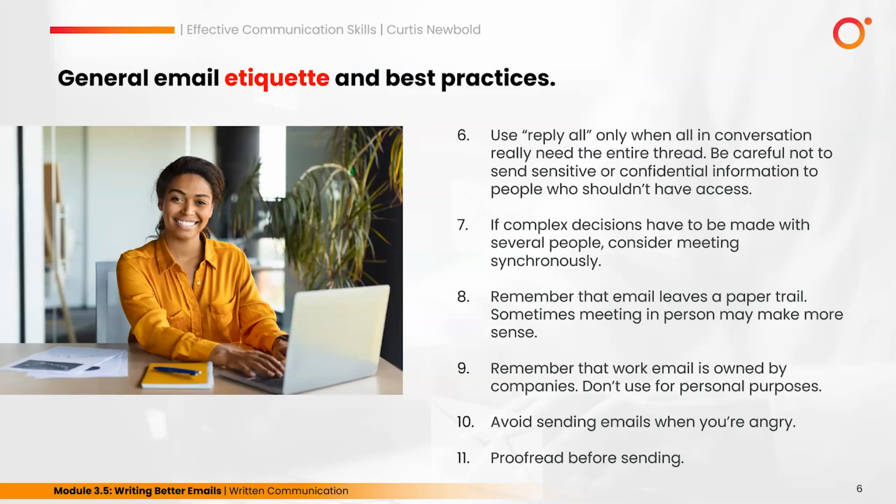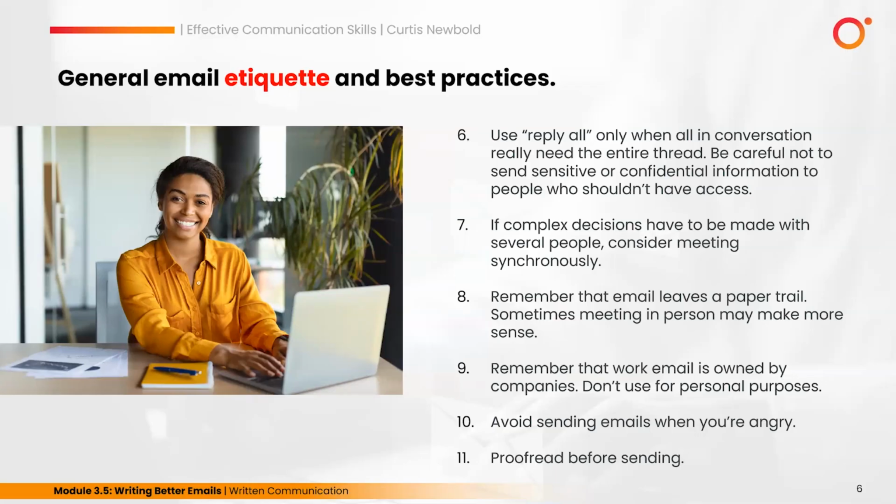If complex decisions have to be made with several people, consider meeting synchronously. Complex discussions between several people are sometimes hard to do well in an email, and people can get lost in the conversation. If you have 5, 6, or 10 people putting in different comments, thoughts, and perspectives, and someone is gone for a few hours or a couple of days and comes back to that email thread, it can be incredibly difficult to follow, and it really is not efficient.